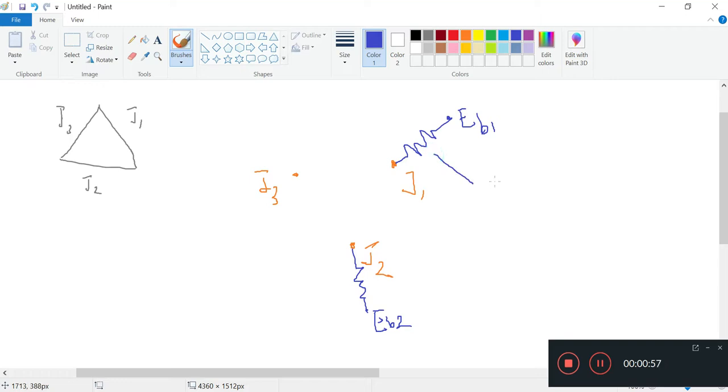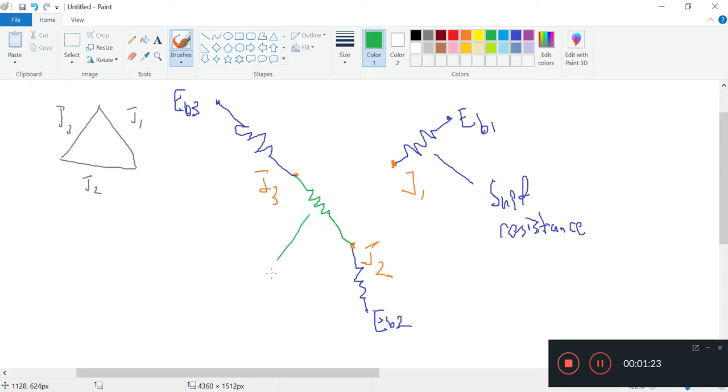This resistance is the surface resistance. Okay, so again same thing, I have EB3 here, and in the center, of course, we have the view factors and everything.